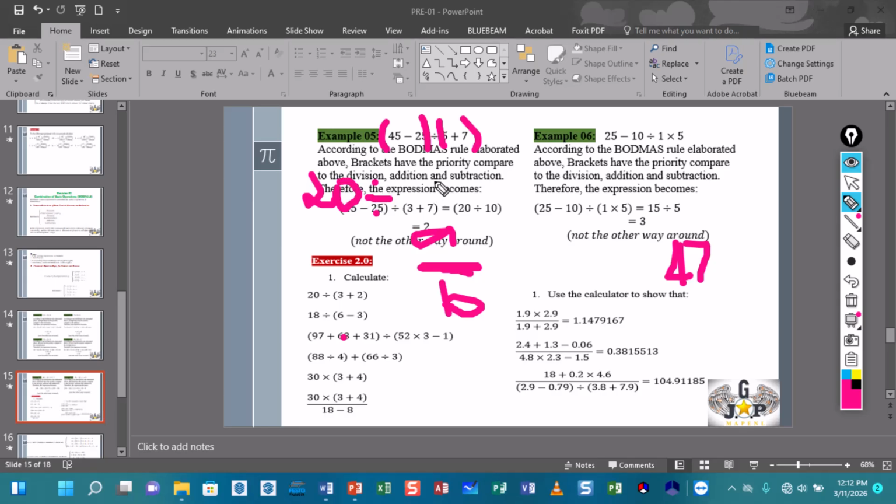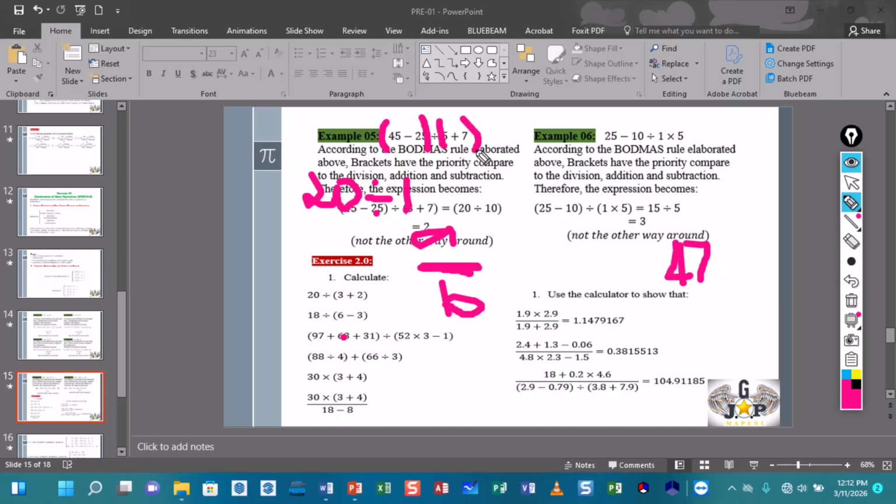According to BODMAS, parentheses come before division. So as soon as you put parentheses here, you have to solve whatever is in the parentheses before touching the division. So 45 minus 25 gives me 20, and in the division, 5 plus 7 gives me 12.